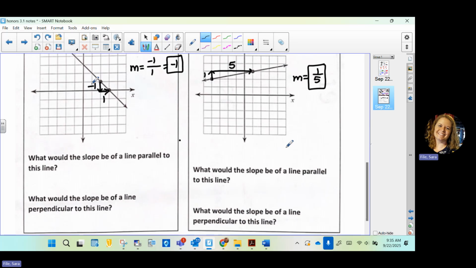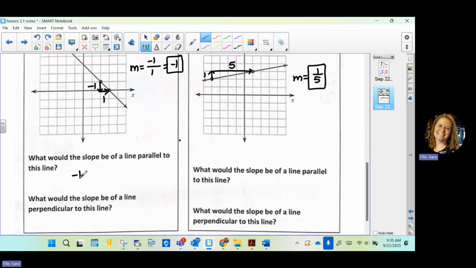What are parallel lines? Two lines that never intersect. They're on the same plane, but they never intersect. Why don't they ever intersect? Because they have the same slope. So parallel lines never intersect because they have the same slope. So the slope of a line parallel to this one would also be -1.